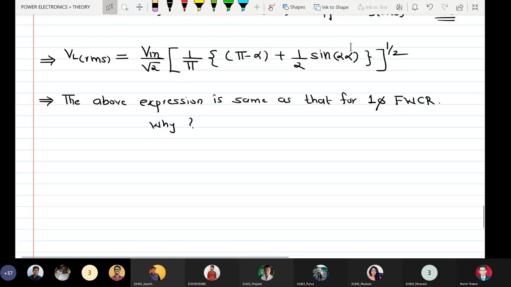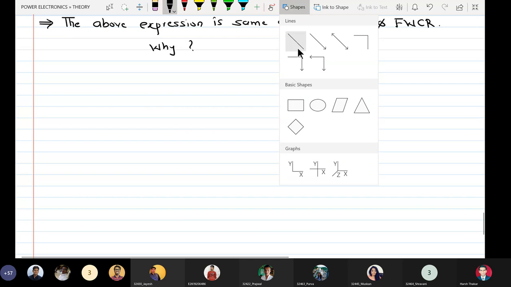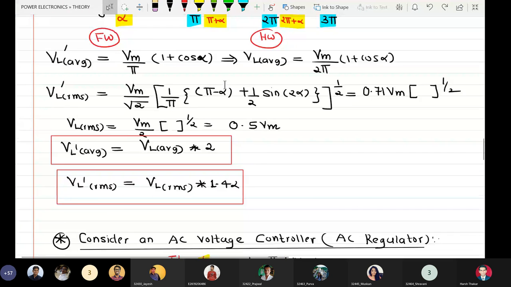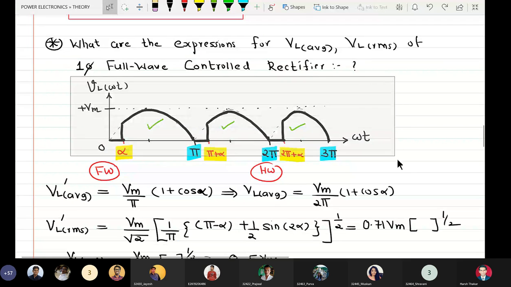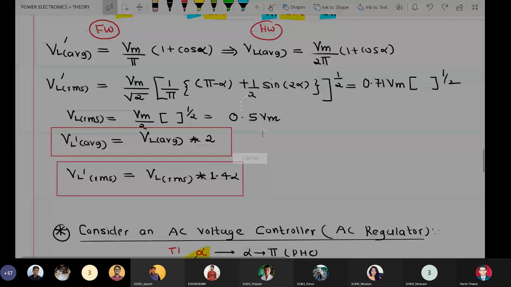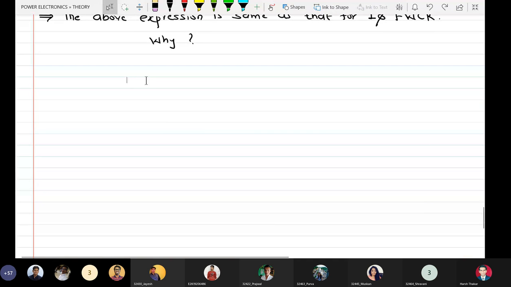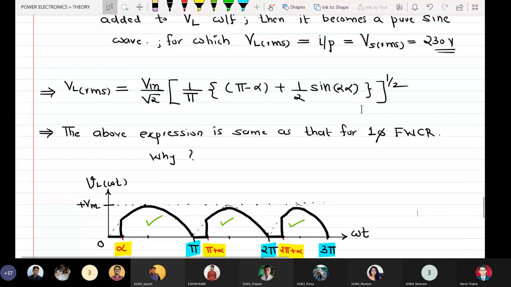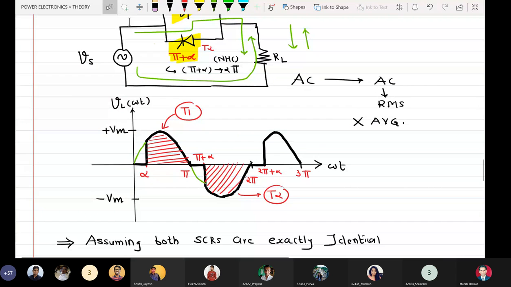Why so? Okay, very simple. So we can bring that directly from there to here. And this waveform is like this.